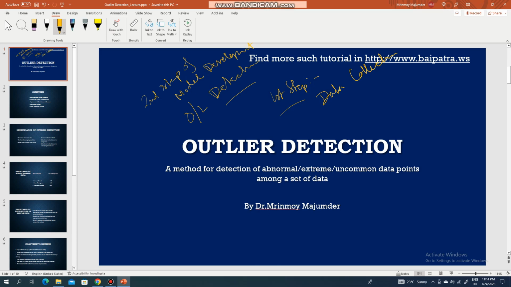Second step is trend detection, by runs test, or there are many other methods of trend detection. And in the third step, which is the prerequisite of the model development stage, it is the outlier detection. From the fourth step will be the model development.